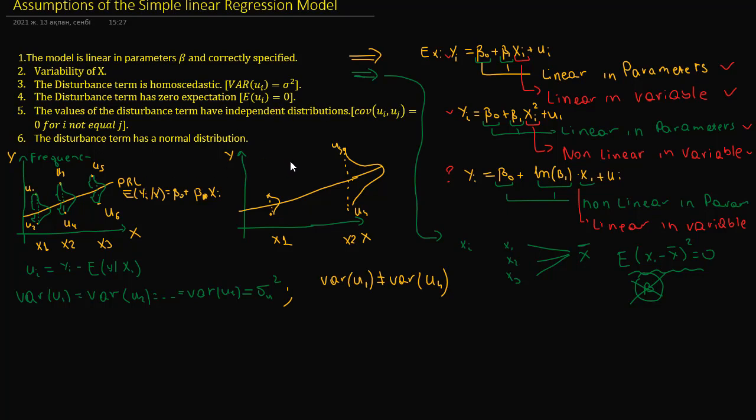The next assumption: the disturbance terms have independent distributions. The covariance of ui and uj is equal to 0 for i not equal to j.